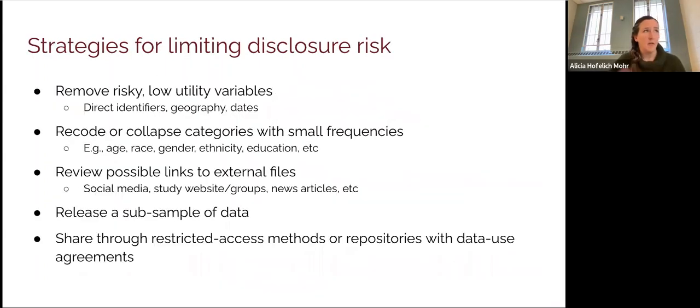To give you some examples of recommendations we use for data we see, we would often recommend removing risky, low-utility variables. Obviously direct identifiers shouldn't be in a public data set. Those can sneak in. We've seen them sometimes in free response comments where someone just mentions their name or something really identifying. Geographic or location information and date information are sometimes risky, and they're also usually not analytically terribly useful. Sometimes they are.